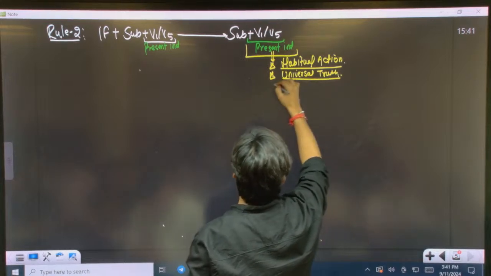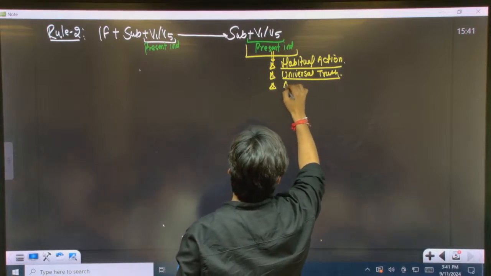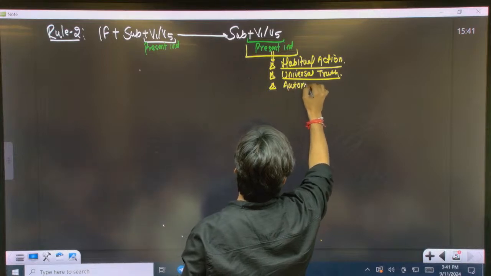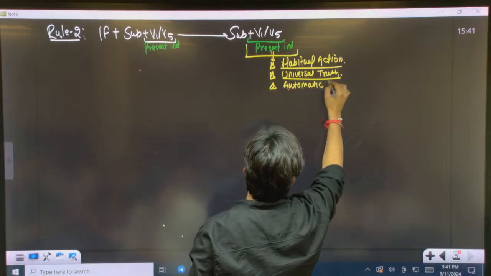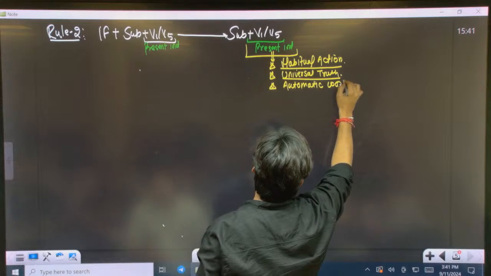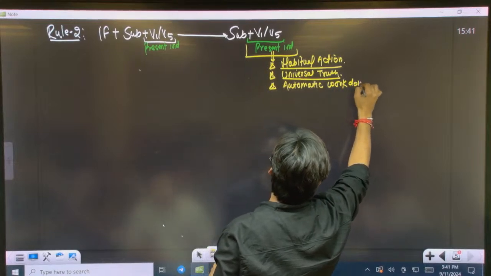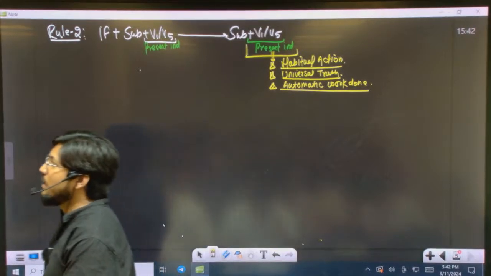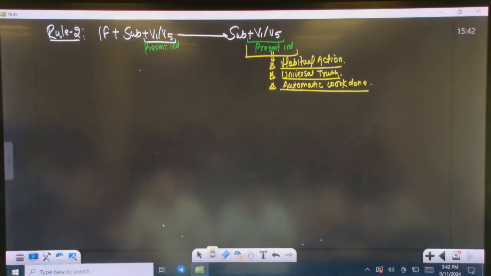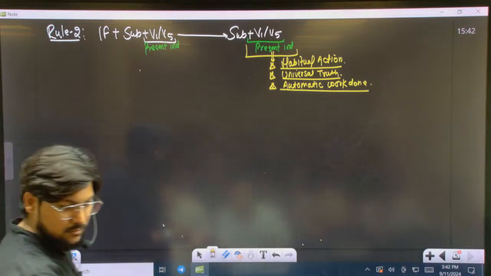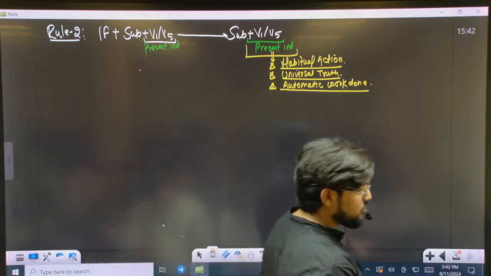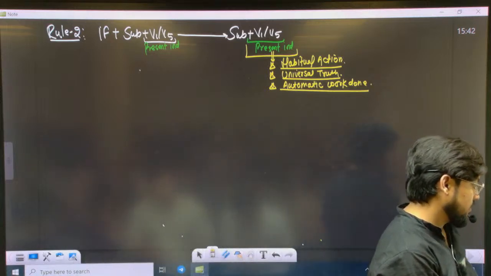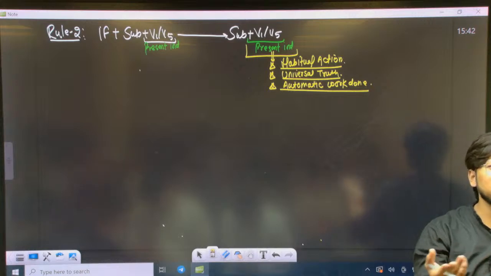It may be your universal truth or automatic work done. Something which automatically works is also known as universal truth.